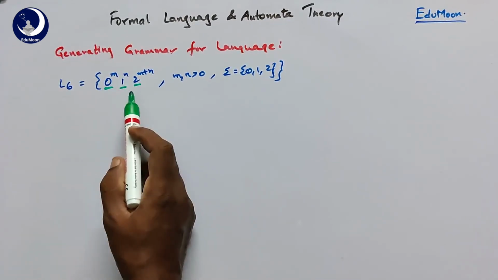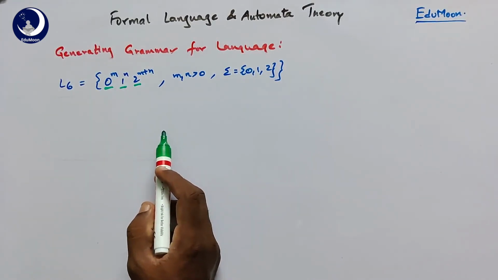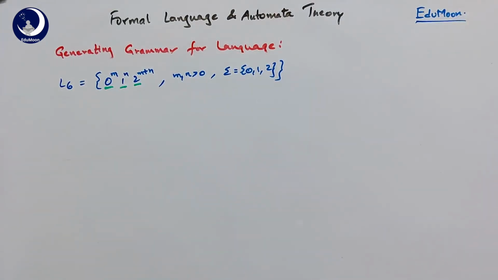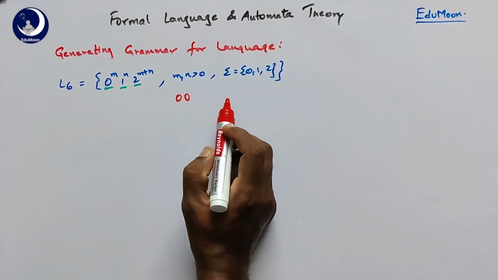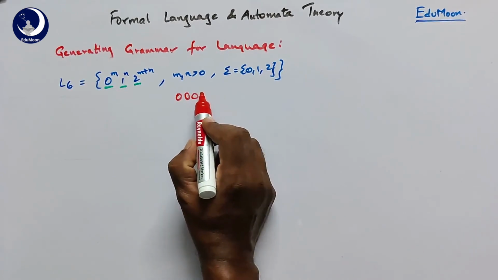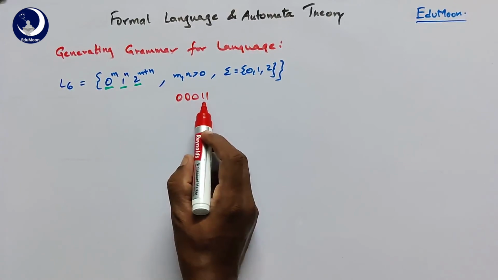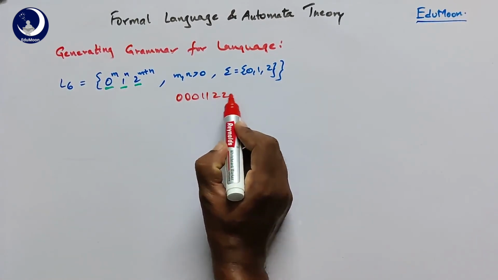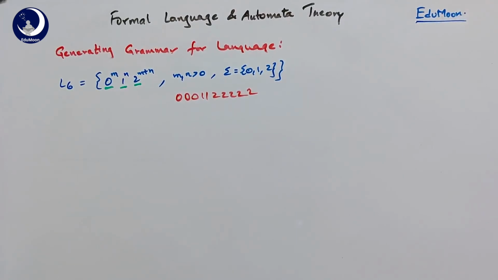For example, if m equal to 3 and n equal to 2, it will be 000 followed by 2 ones, and the number of 2's will be the number of zeros plus the number of ones, that is 5. So that is a string generated in that language.